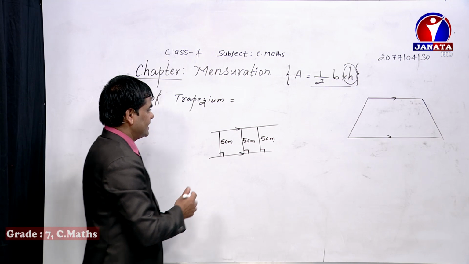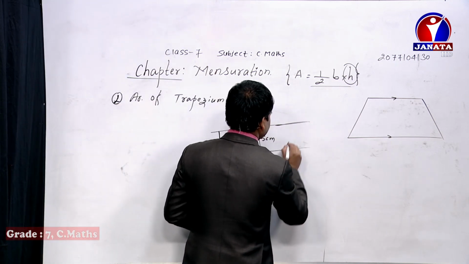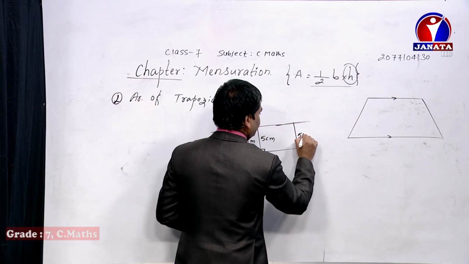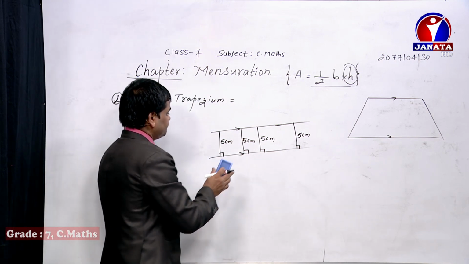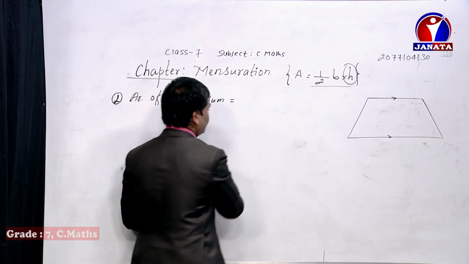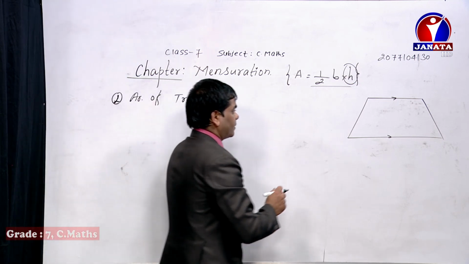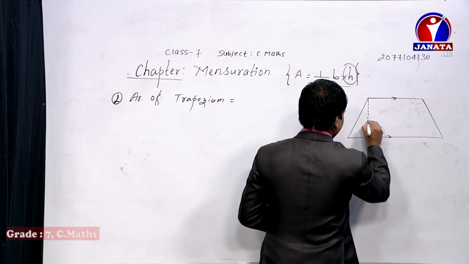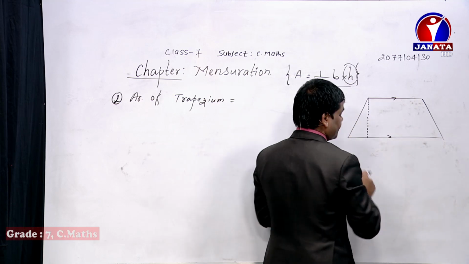That means if those two parallel lines are straight, then if we measure the perpendicular distance here, it also becomes 5 centimeter. So you need to keep this in mind. It is a thing to be known by you in order to derive the formula in case of trapezium as well as other figures.